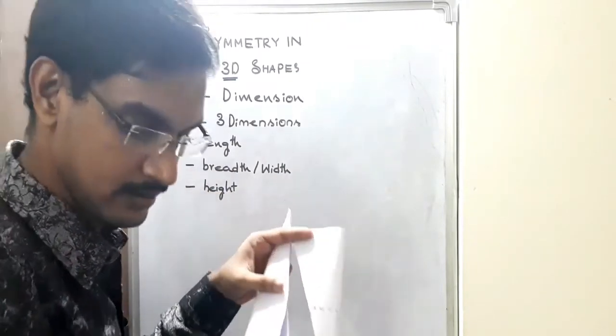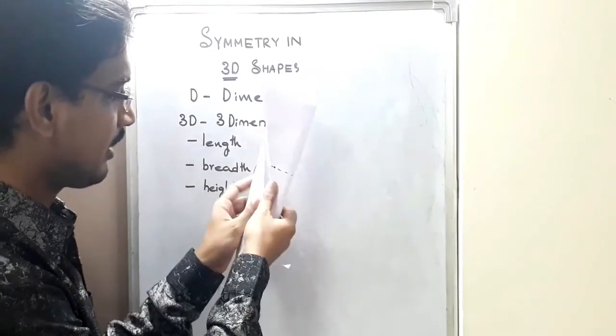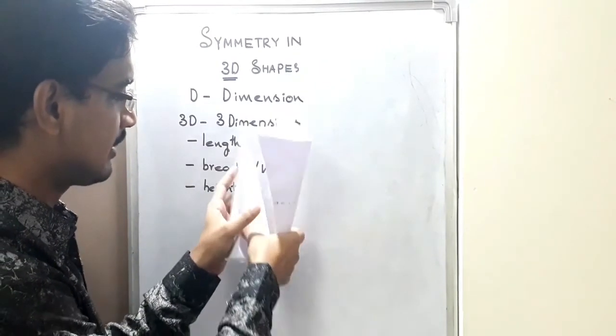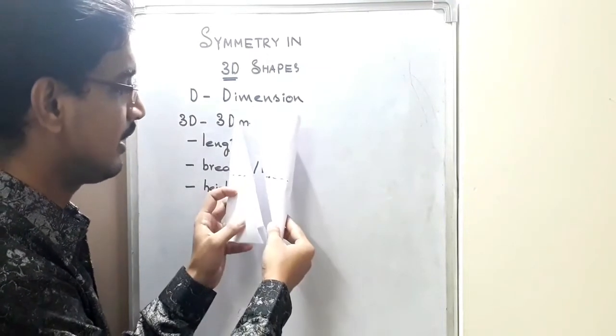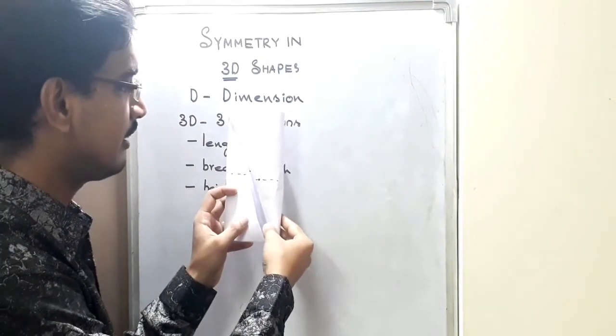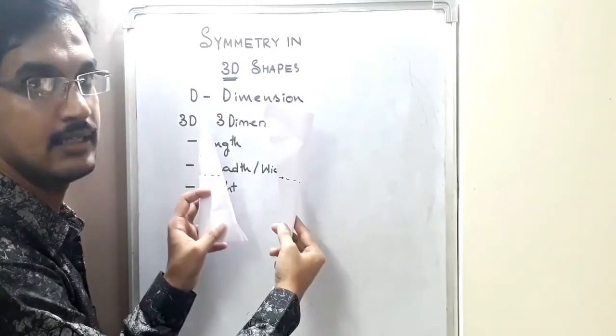Now if you observe, we can say this part and this part are symmetrical, or they are in symmetry, because the axis divided the given cylinder into two equal halves like this.